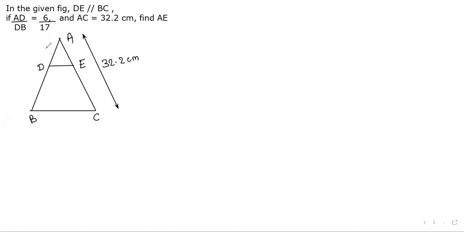Here AD is not 6 and DB is not 17, so that you can find out AB and now take part upon whole. No, they have given the ratio. They have given AD upon DB. So what will AD upon DB be? AE upon EC. Yes or no? Yes, sir. Just a minute, children.